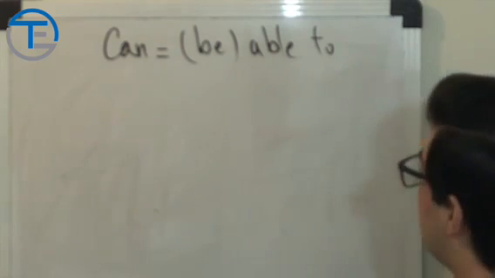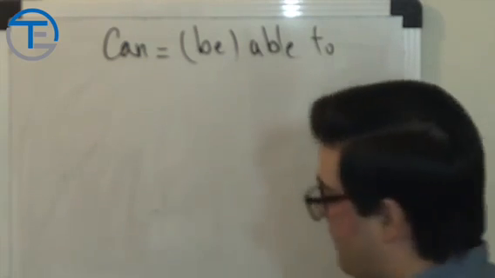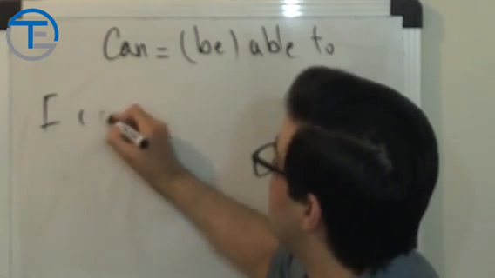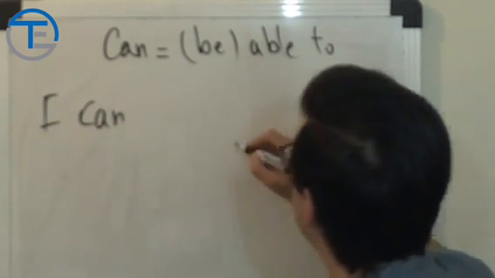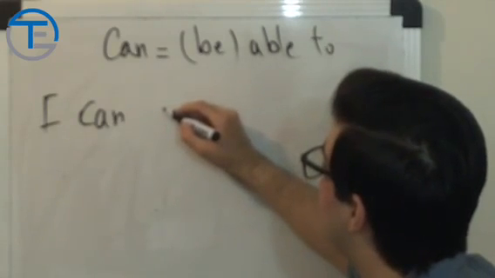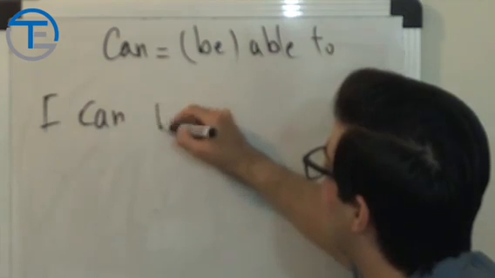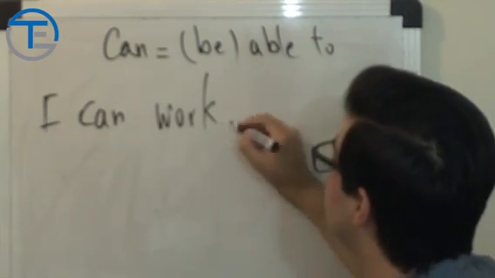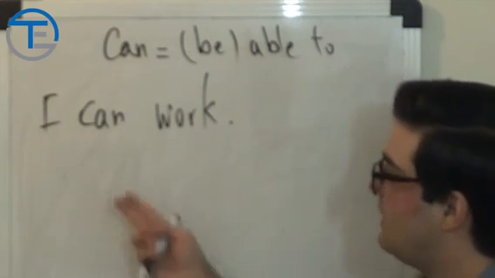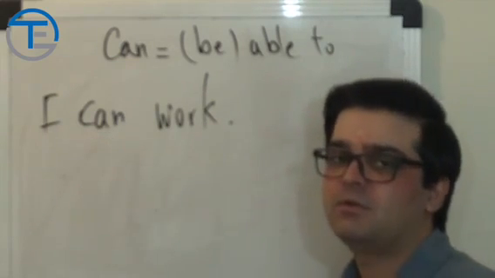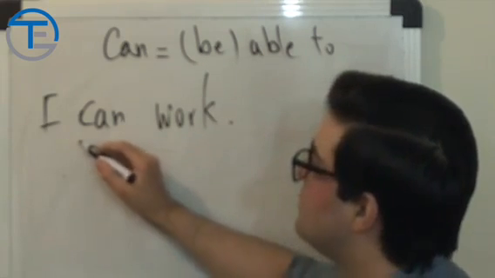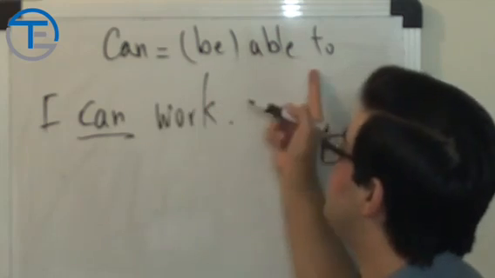Yes? Okay. So for example, you can say I can work. For example, your verb is work. I can work. So it's related to ability or possibility. Instead of that, you can use, instead of can, use be able to.